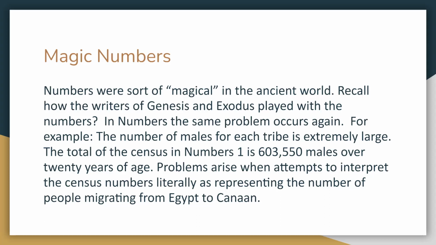The age they were counting was 20 to 50, so they would be physically able to go to war. Some problems arise when attempts are made to interpret these census numbers literally as representing the number of people migrating from Egypt to Canaan. And we're not even counting women, children, and servants.